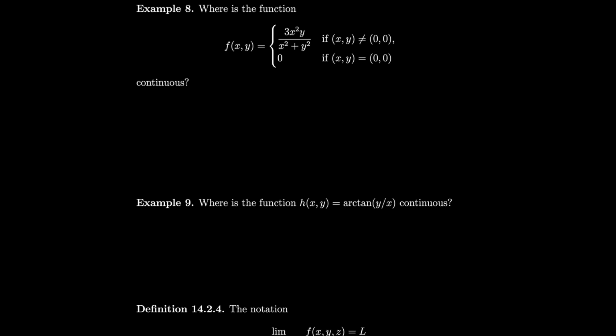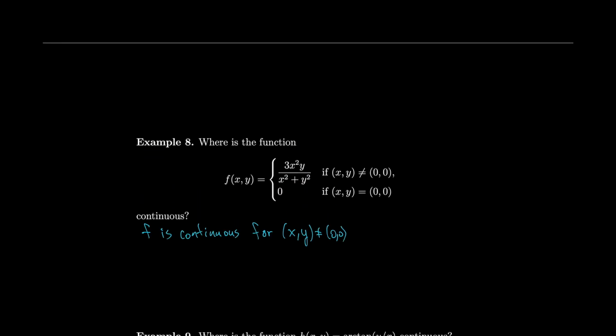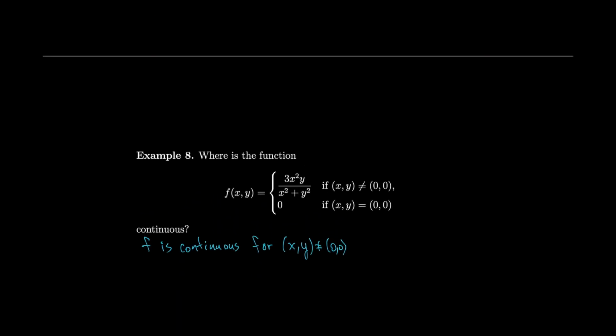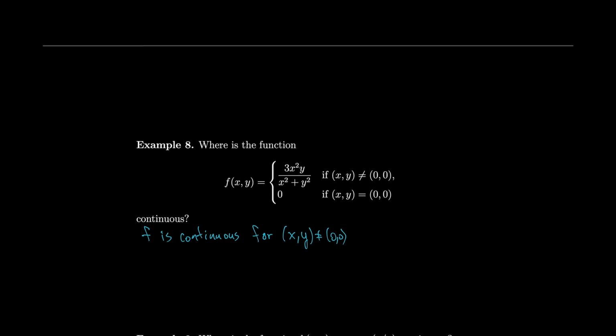Notice that f is continuous for (x,y) not equal to the origin. And by the way, I've changed our piecewise function a little bit. This is not exactly the same as what we had before, but I think it would still be good to see a piecewise function where we actually do have some continuity.